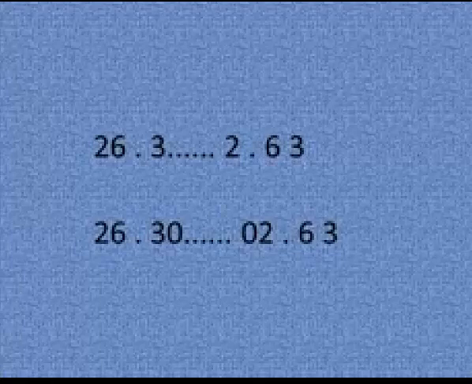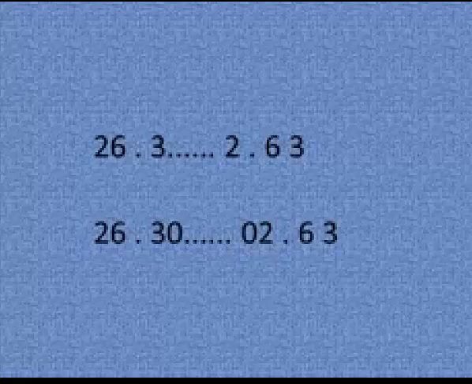We must put 0 on the left hand side of 2 to have the same number of digits. So 26 is greater than 2. I'm going to put greater than. Yes, greater than.